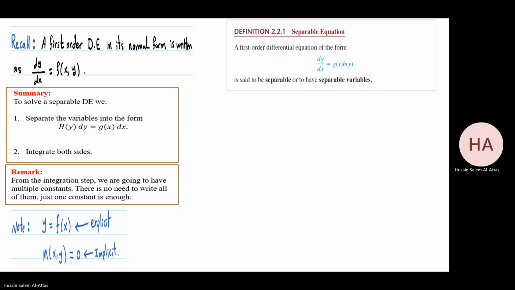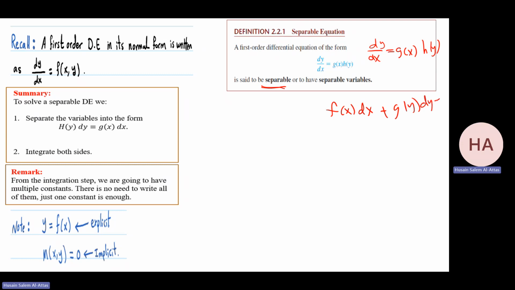Okay. So now, what we mean by a separable differential equation: if I can write dy over dx as a function of x times a function of y. Or in other words, I can write f of x times dx in another format plus a function of y times dy.